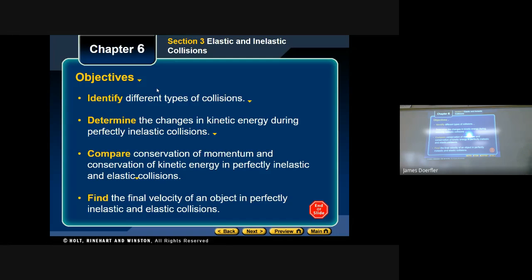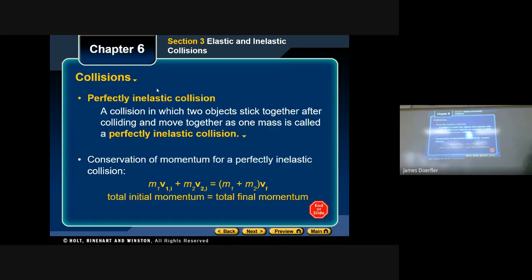In tomorrow's discussion, we are going to be looking at not only calculating the momentum of perfectly inelastic collisions, but also the change in kinetic energy associated with that. Okay, so we're just combining things that we've already done. Then we're going to find the final velocity of an object in perfectly inelastic and elastic collisions. Really only inelastic.